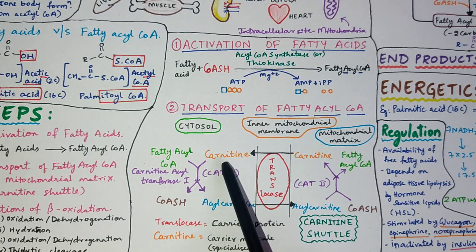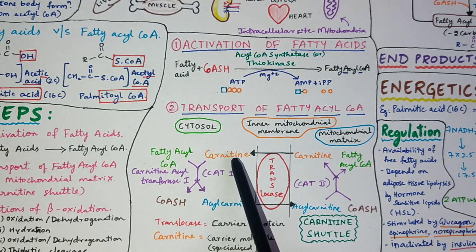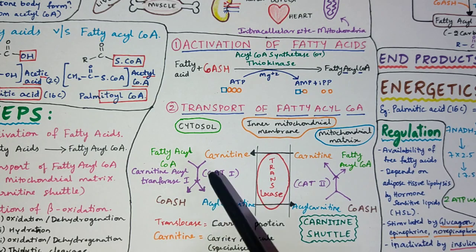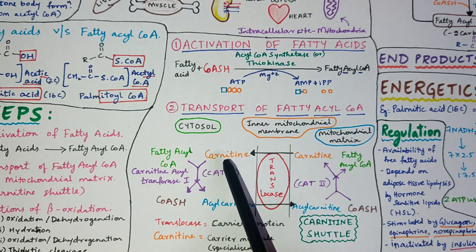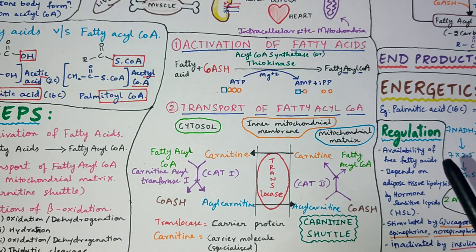At that time, the very protective father carnitine comes into the picture. Carnitine, the protective father, tells his son that I'll be with you. Let's become acyl carnitine together. Let's enter the mitochondrial matrix and then let's split again. And I'll come back to the cytosol again as usual. And you stay inside the mitochondrial matrix and undergo oxidation.